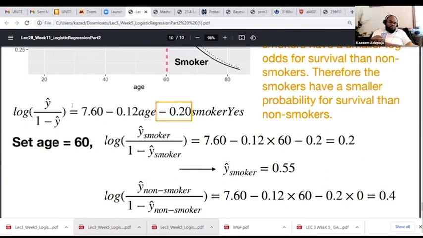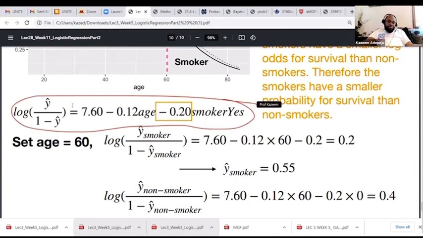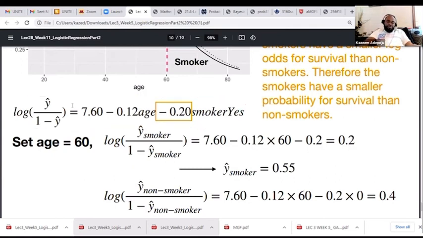Now, if that is your model and you want to predict for age 60, all you need to do is plug in the value, and you're going to plug in one here.